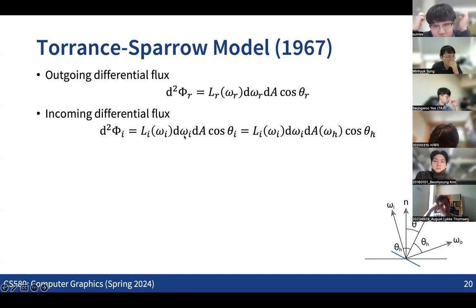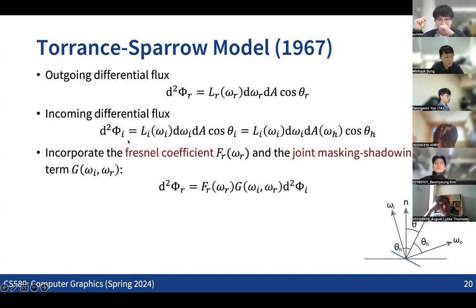And what will be the relationship between the incoming differential flux and the outgoing differential flux? The proportion of the outgoing differential flux with respect to the incoming differential flux will be described with the Fresnel coefficients that we discussed last time. This is only the proportion that will be reflected over the surface.